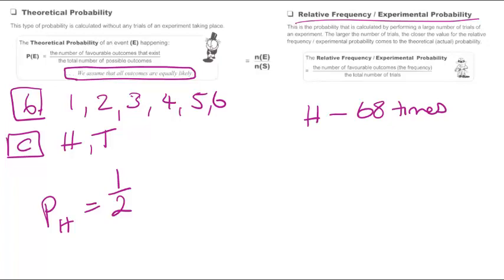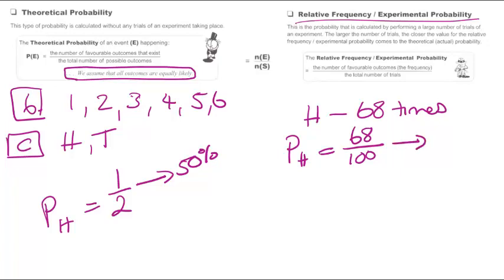So that means the probability of getting heads is actually 68 out of 100, which is different, because if I convert this to a percent, this is 50%, and if I convert this to a percent, this is 68%. Notice that these two are different, and that's the whole point I'm trying to get across to you.